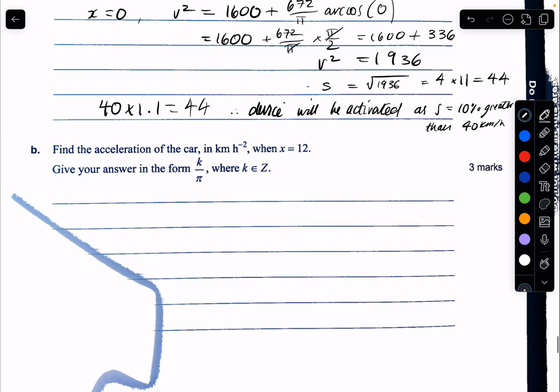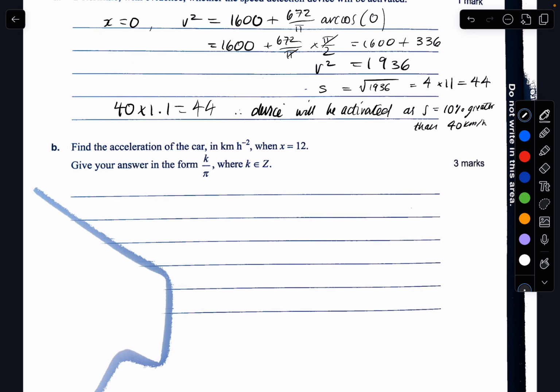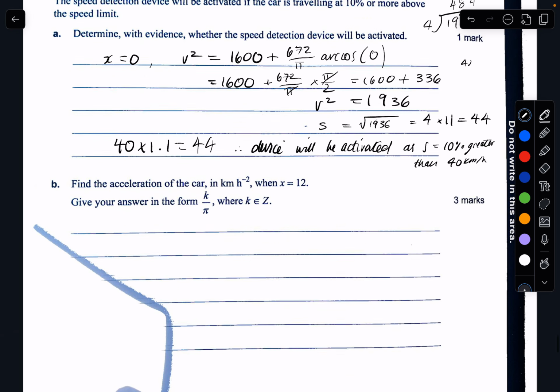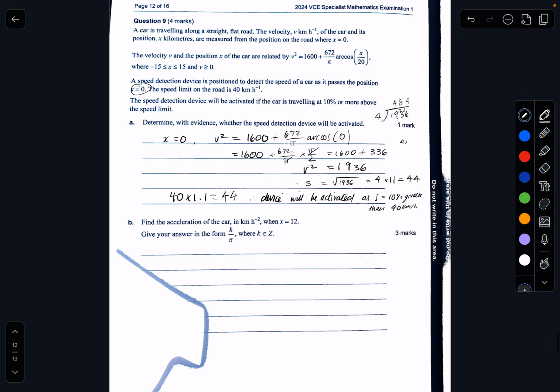Find the acceleration of the car in kilometers per hour when x is equal to 12. Give your acceleration in the form k pi. So remember, the acceleration is v dv dx, or the derivative of 1/2 v squared d over dx.